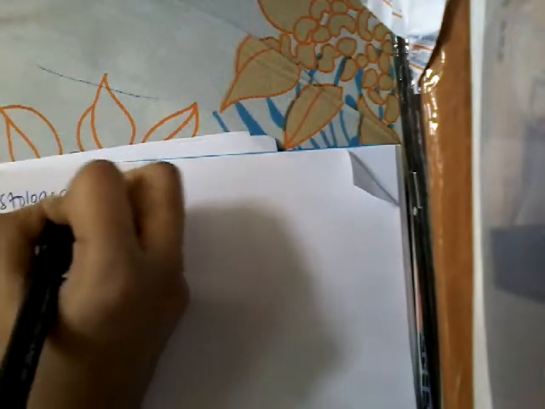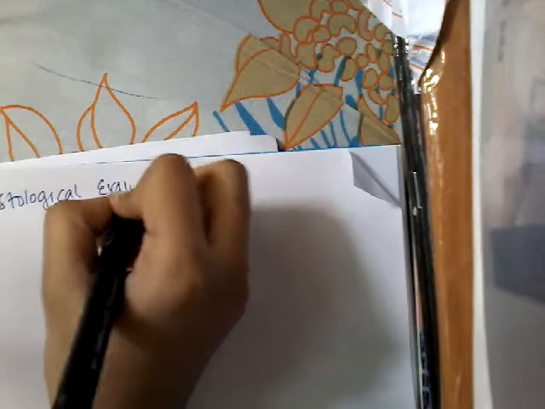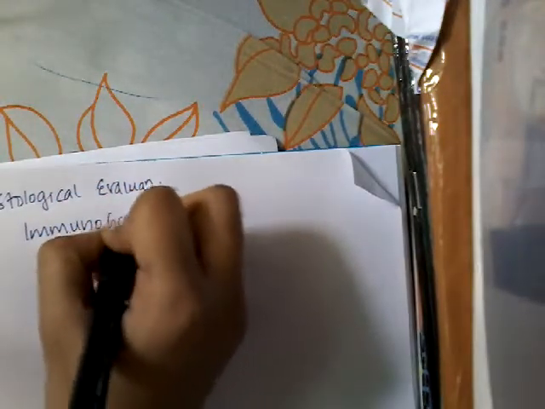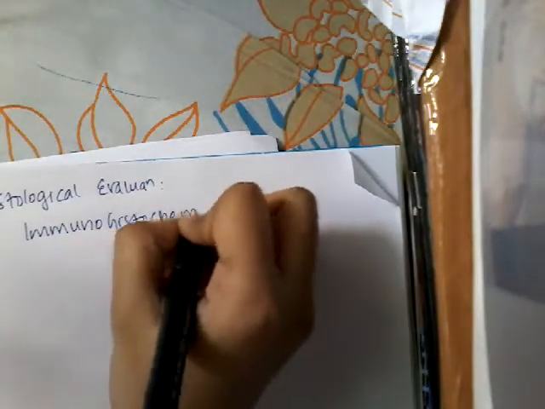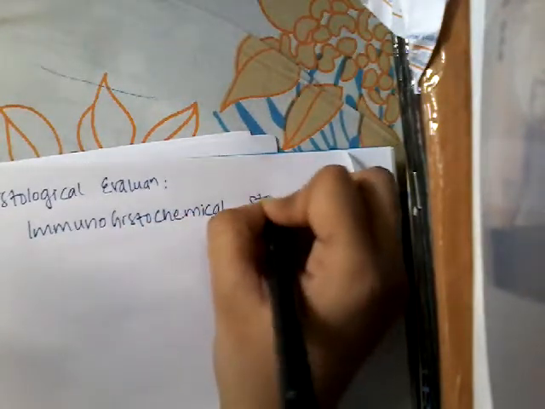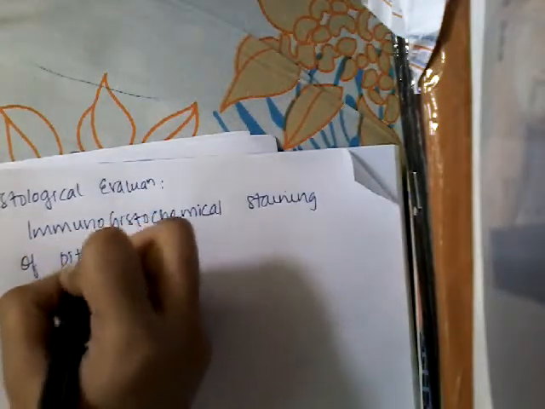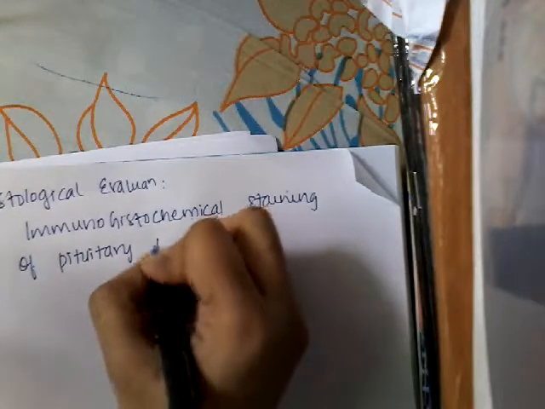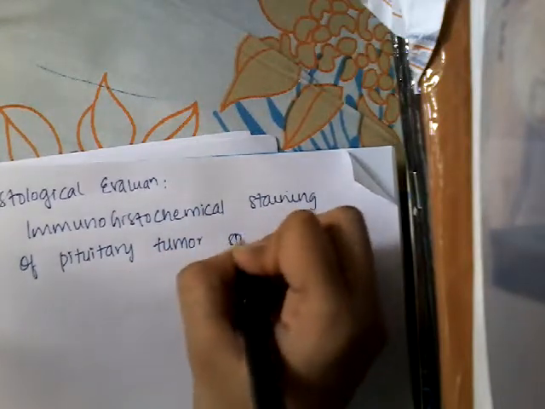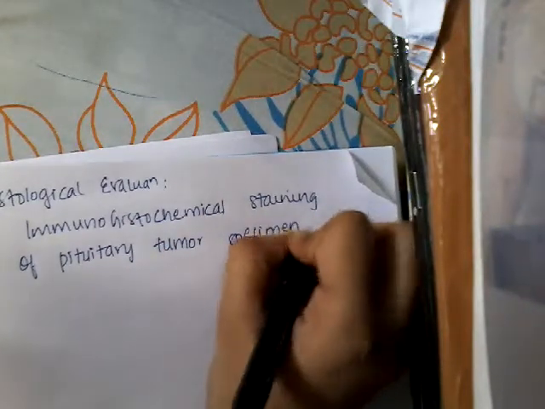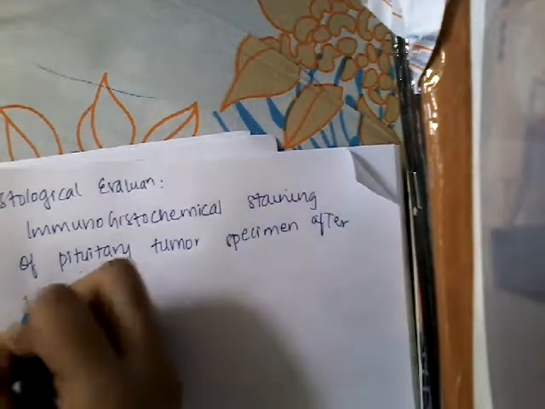Histological evaluation. For this you will have to do immunohistochemical staining of the pituitary tumor specimen, and it is done after doing transsphenoidal resection.